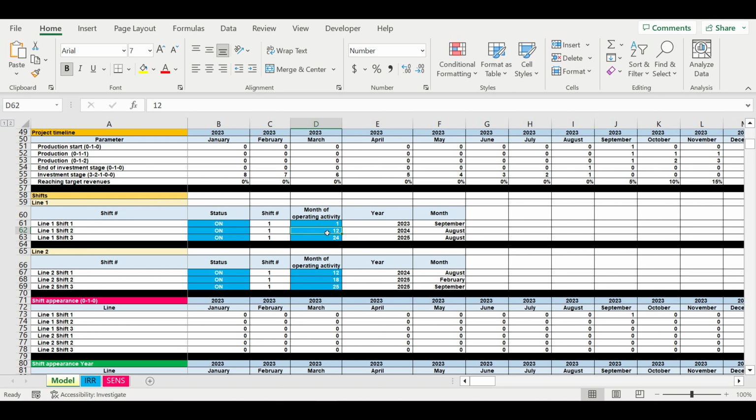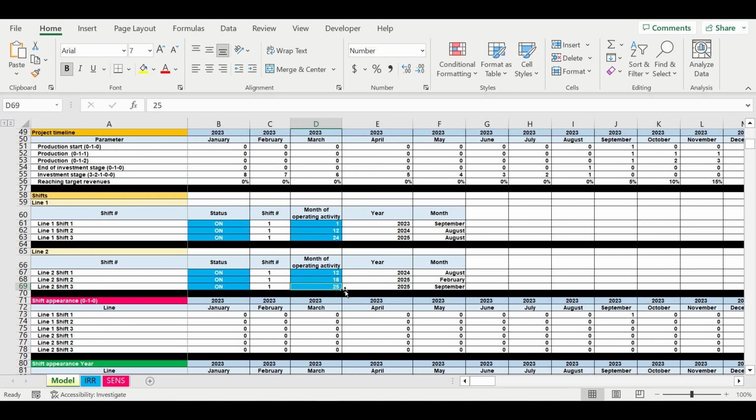And here, line 2 starts working on the 12th month of operating activity. This will be August 24. Then on the 18th month of operating activity, we will get the second shift. It will be February 25. And we can adjust all these parameters.